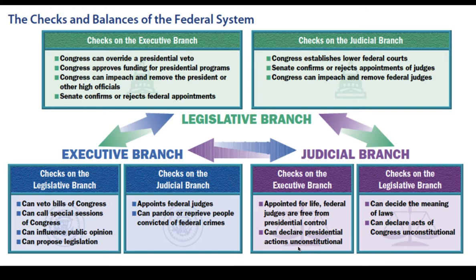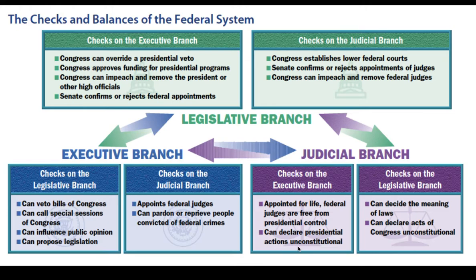If they had all the power to do that, they could appoint whoever they wanted, no matter how corrupt they were. And so the check or the balance to that is that yes, the president is the only one who can advance someone for the position, nominate someone for the position, but it's up to the legislative branch, it's up to the Senate to approve that position. And so this is happening right now with President Trump's decision to nominate Amy Coney Barrett to the Supreme Court.